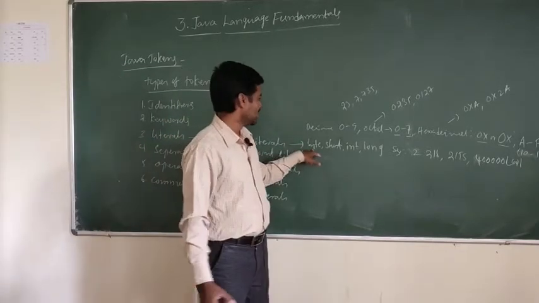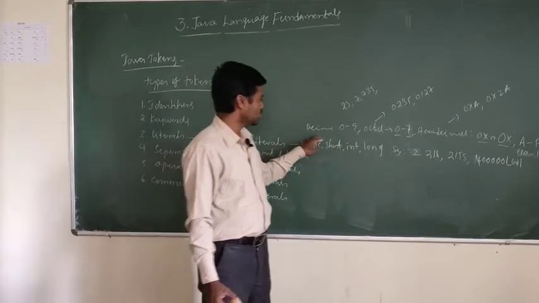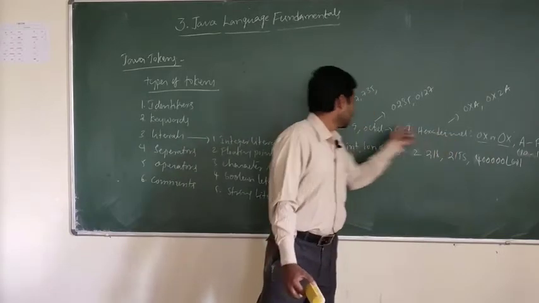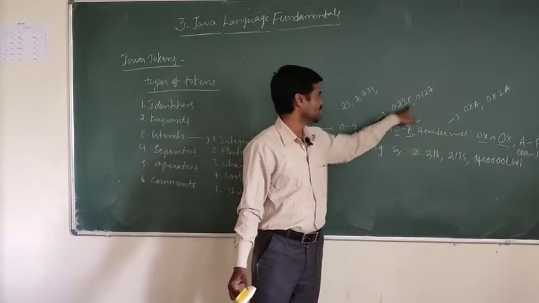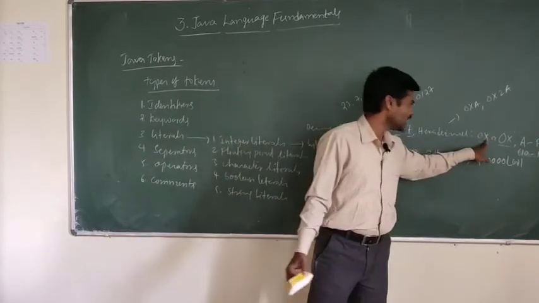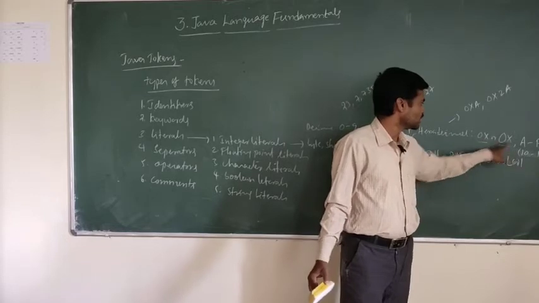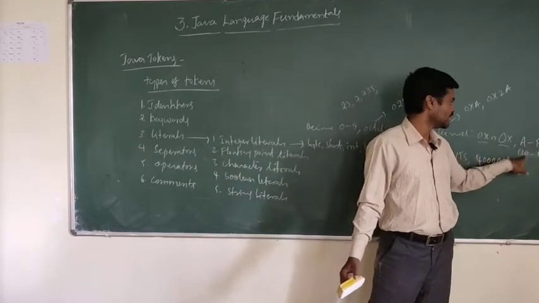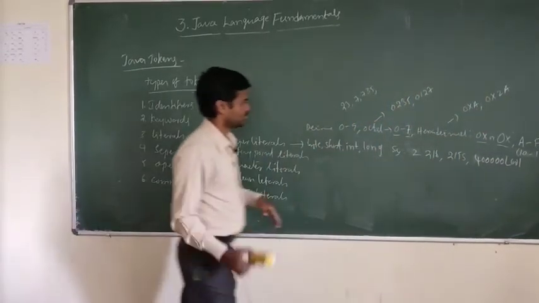That will be with the different data types, byte, short, int, long, and they are defined in different formats, that is decimal, octal, hexadecimal. Hexadecimal starts with capital 0X or small 0x with A to F, where A means 10 and F means 15. So these are examples of hexadecimal numbers.